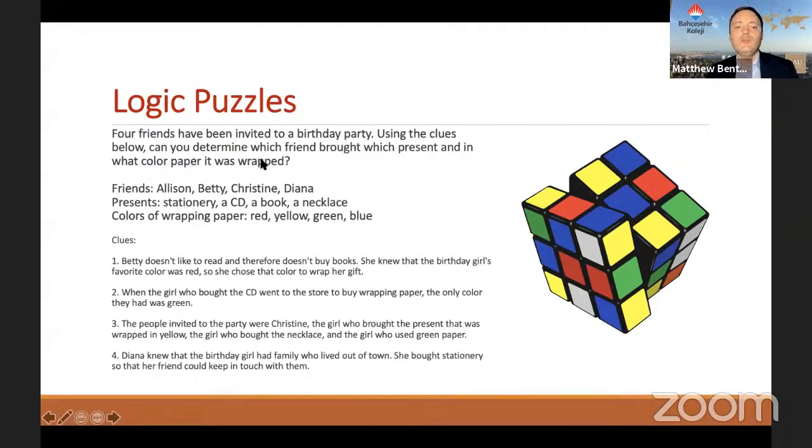This one it is: can you determine which friend brought which present and in what color paper it was wrapped? They get the objects or the people involved, then they get the clues explained. You can then go in with your students and either assist them in solving the logic puzzles, or give each different group a separate puzzle and then get them to explain to the rest of the class.